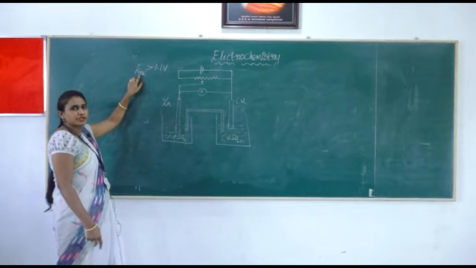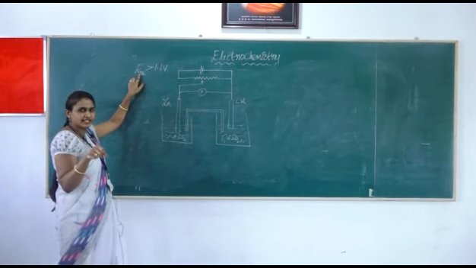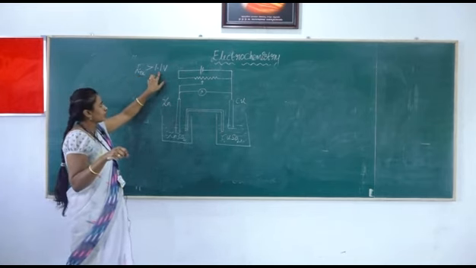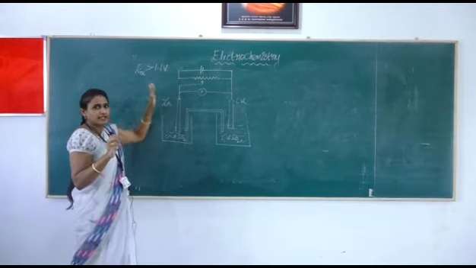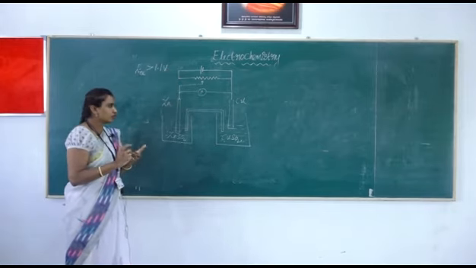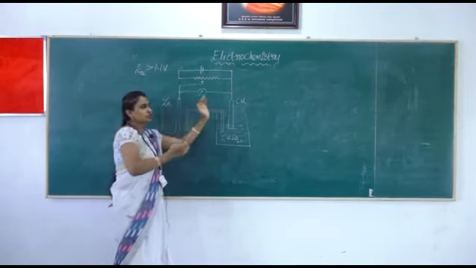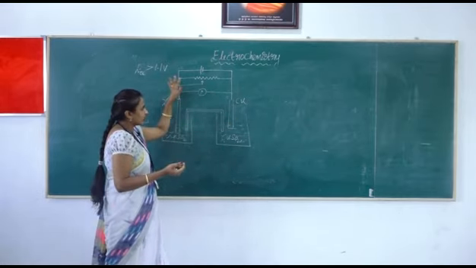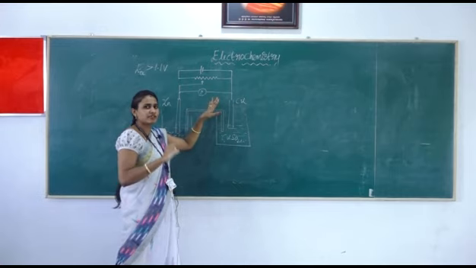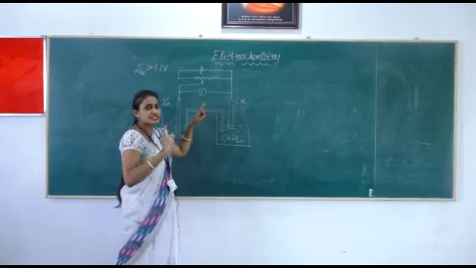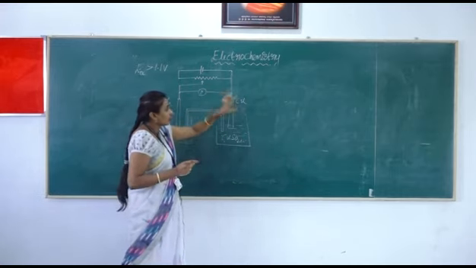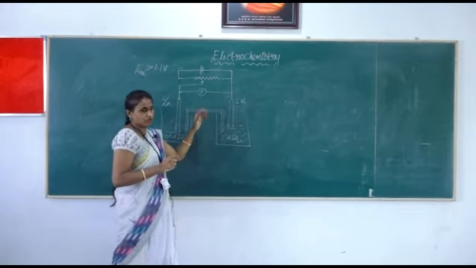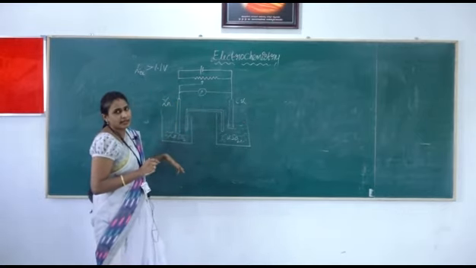Now, the extra potential can be applied to your Daniell cell: greater than 1.1 volt, or less than 1.1 volt. If less than 1.1 volt, the electron flows from zinc to copper. If greater than 1.1 volt, your Daniell cell behaves like an electrolytic cell. It means the copper will donate the electron and zinc will accept the electron.